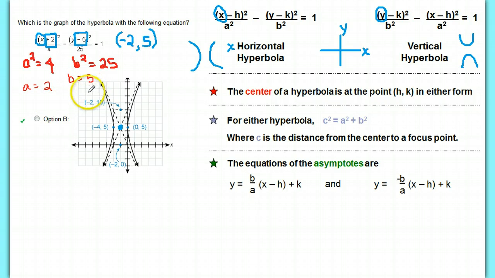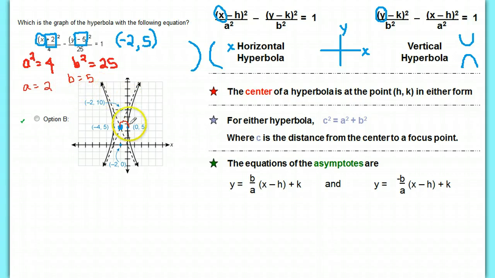And those are the horizontal or vertical distances. So in other words, from your center point to your vertex, which is the point on your hyperbola itself, the distance there is going to be 2 or 5 depending on whether you're going up or down or left or right.